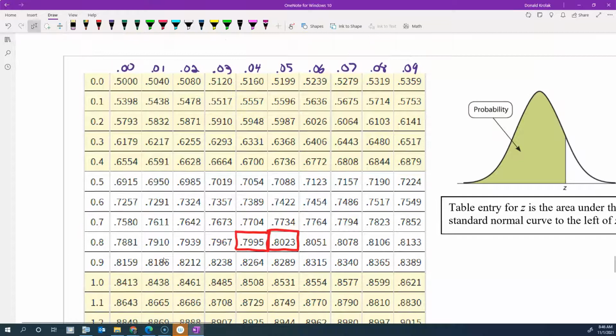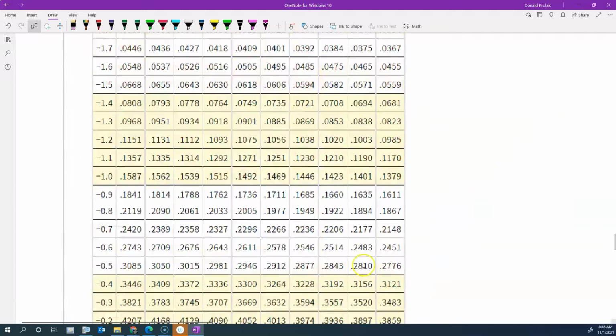So use the one that's closest, which would be the 0.7995. Okay, so my z-score is 0.84. Alrighty, so let's see, 0.84.